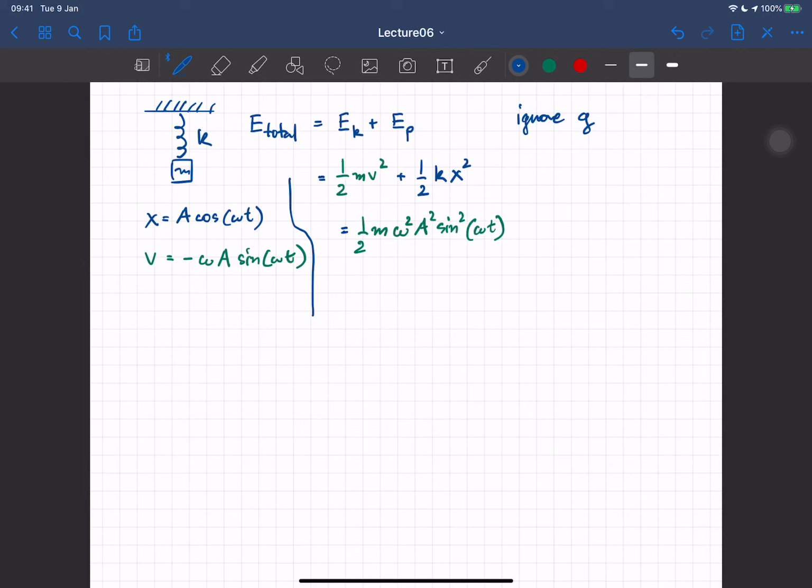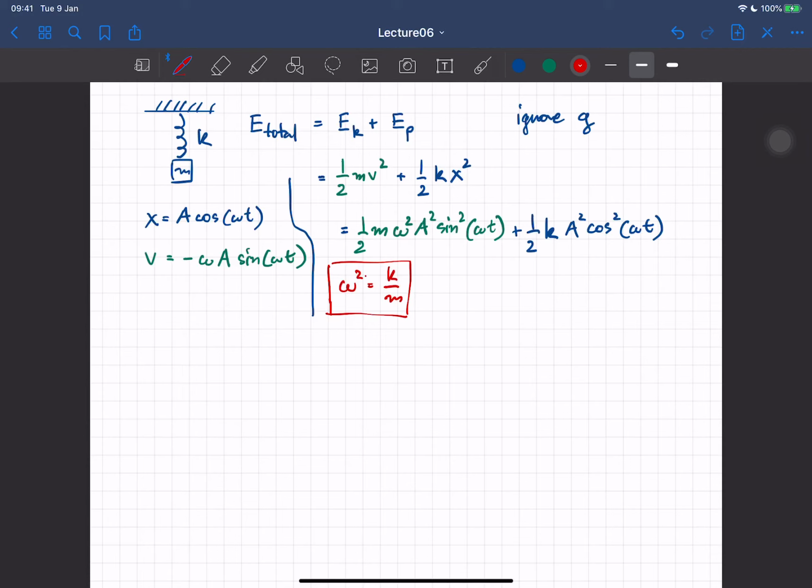That's for the kinetic energy, and the elastic potential energy is 1/2 k a squared cosine squared omega t. Now we use the fact that omega squared for a spring is k over m. This is what we got earlier, the frequency of the oscillation for a spring.